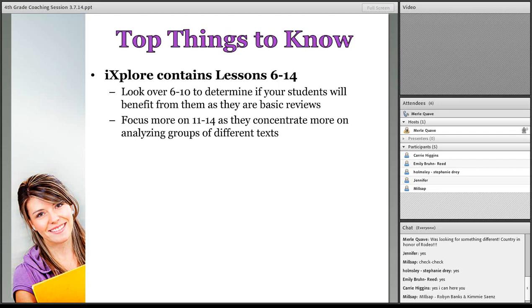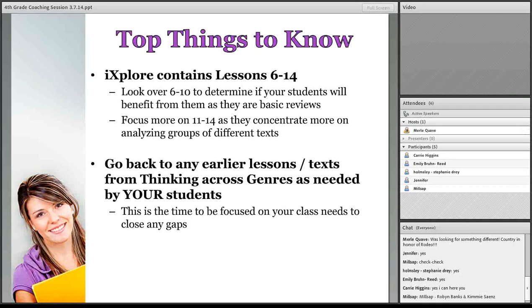Take from it what works for you and your students, because at this point is where you're getting down to what your students need, and everybody's classroom is going to be a little different. So you need to not say, okay, the pacing guide says this, I have to do this.